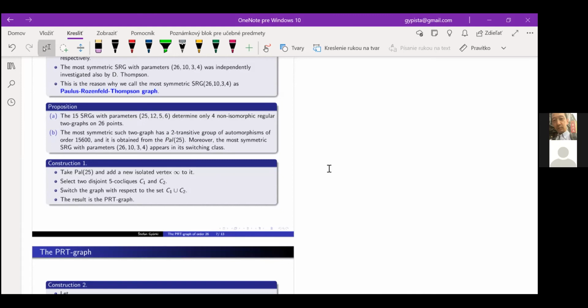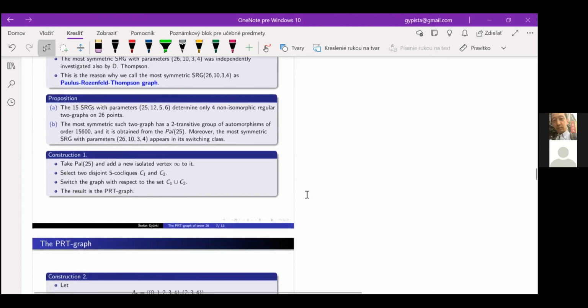So this in fact says that we can do the same job as with the Paley graph of order 9 in order to obtain the Petersen graph. If we do a similar job with the Paley graph of order 25, that is, we add to it a new vertex, and now we have to select two disjoint 5-cliques, and after that, via switching, we obtain the Paulus-Rosenfeld-Thompson graph.